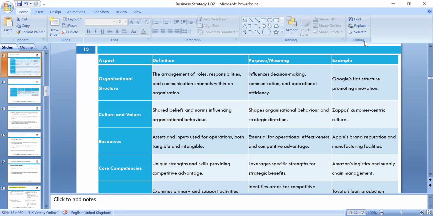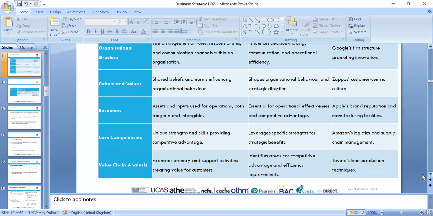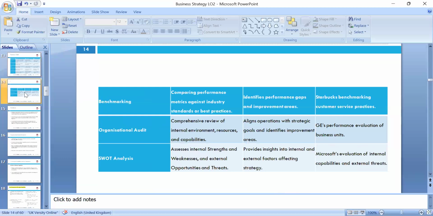We also looked at economic resources, the 3Ms, and how effectively, like Apple, tangible and intangible core competencies, the areas in which you are expert. The value chain model is like Toyota lean manufacturing, and primary and secondary activities need to be focused on as in the model by Michael Porter.